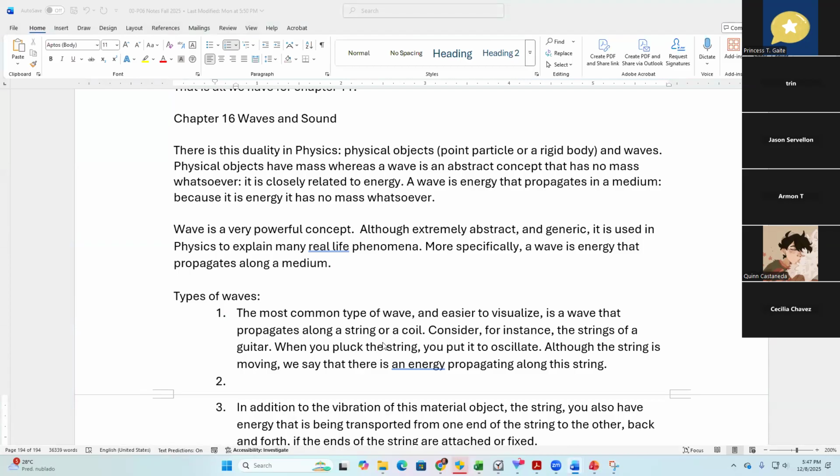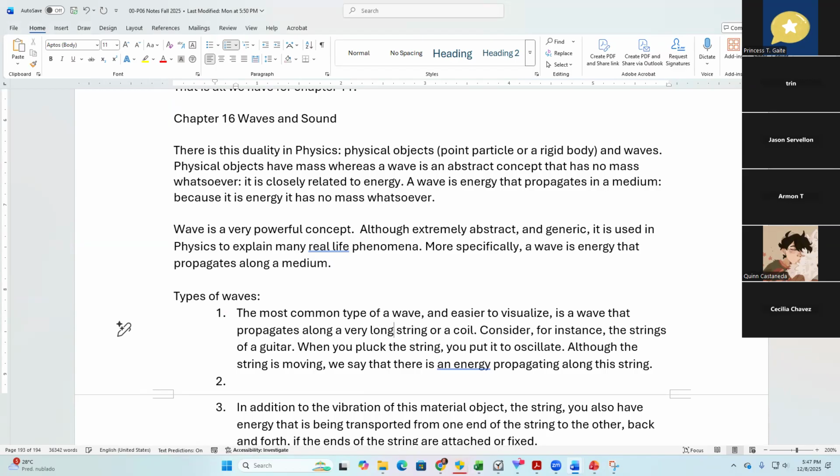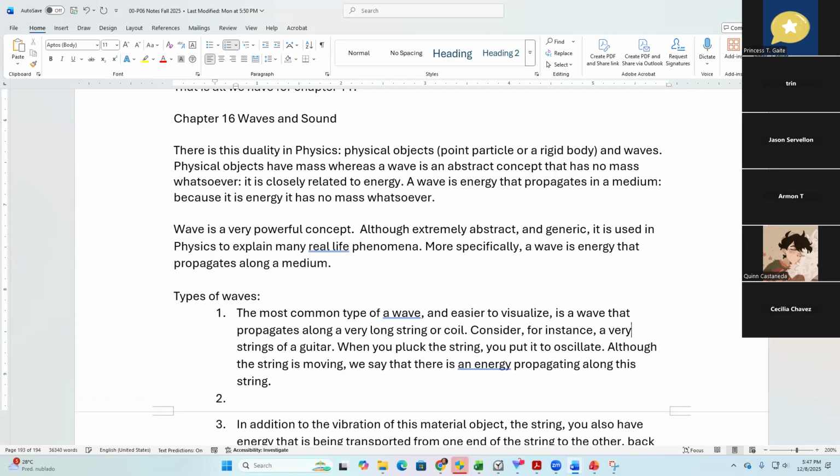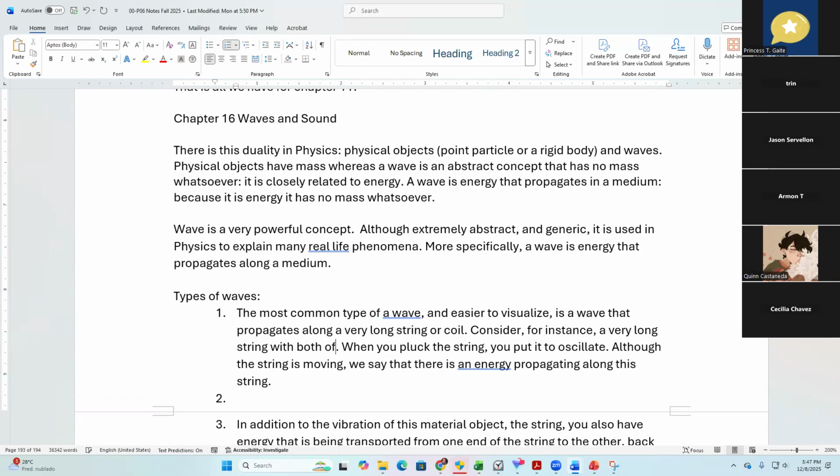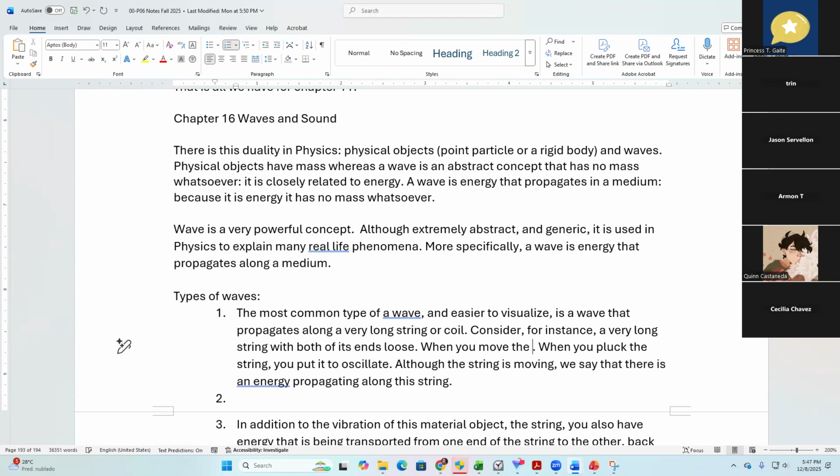The most common type of wave and easier to visualize is a wave that propagates along a very long string or coil. Consider, for instance, a very long string with both of its ends loose.